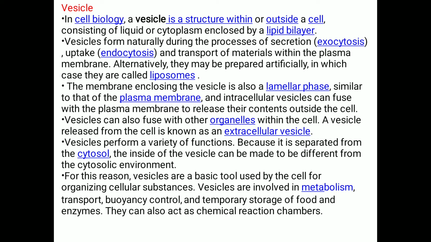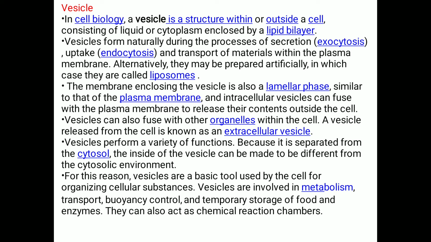Because it is separated from the cytosol, the inside of the vesicle can be made different from the cytosolic environment. The vesicles can contain cytosol, or you can remove the cytosol portion also. We also discussed in the previous point that vesicles can fuse with organelles, right?